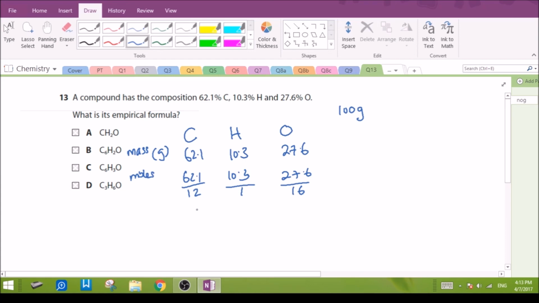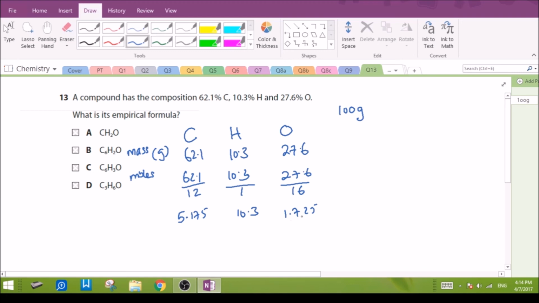And then we end up with 5.175, 10.3, 1.725. Right, these are the moles, but it is not a nice whole number ratio.